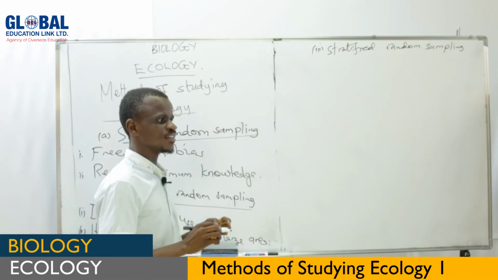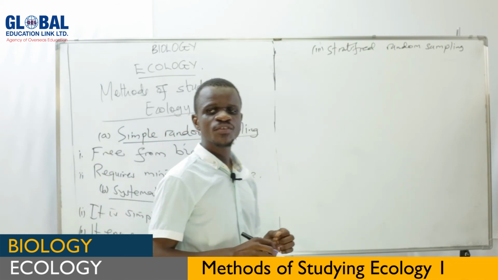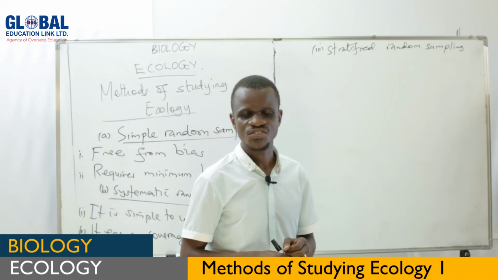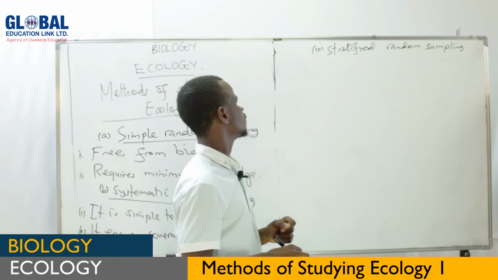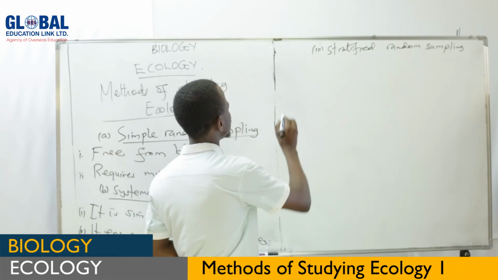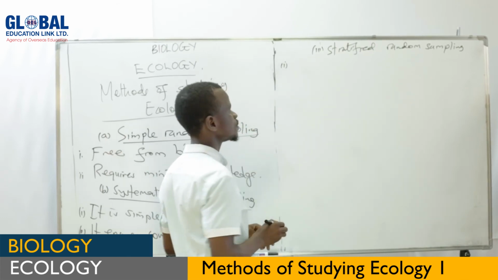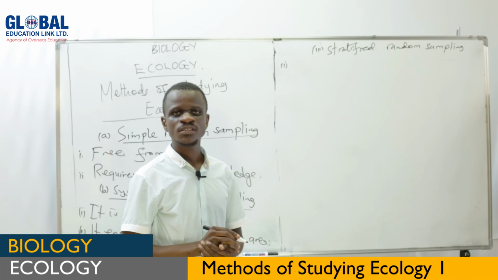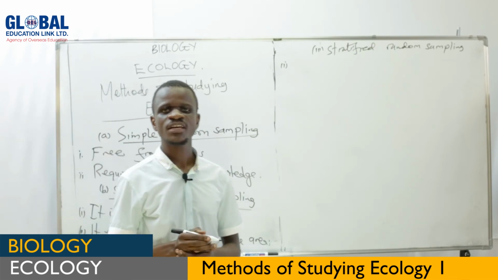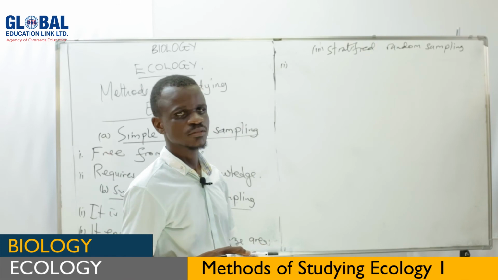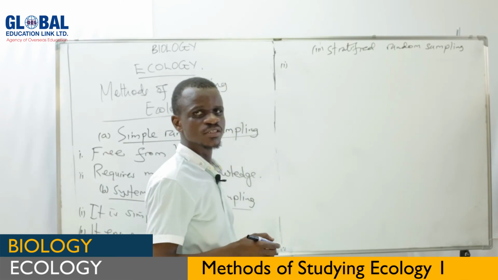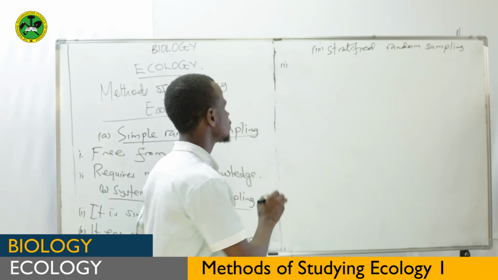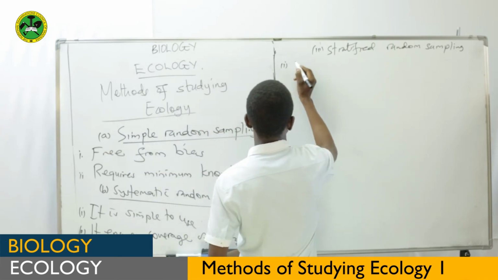Because after dividing the population, individuals from subgroups are selected randomly. Therefore, the advantage of this, my students, is that stratified random sampling is very useful when studying a heterogeneous population. Heterogeneous population means a population having members of different characters. Therefore, it allows comparison and correlation.